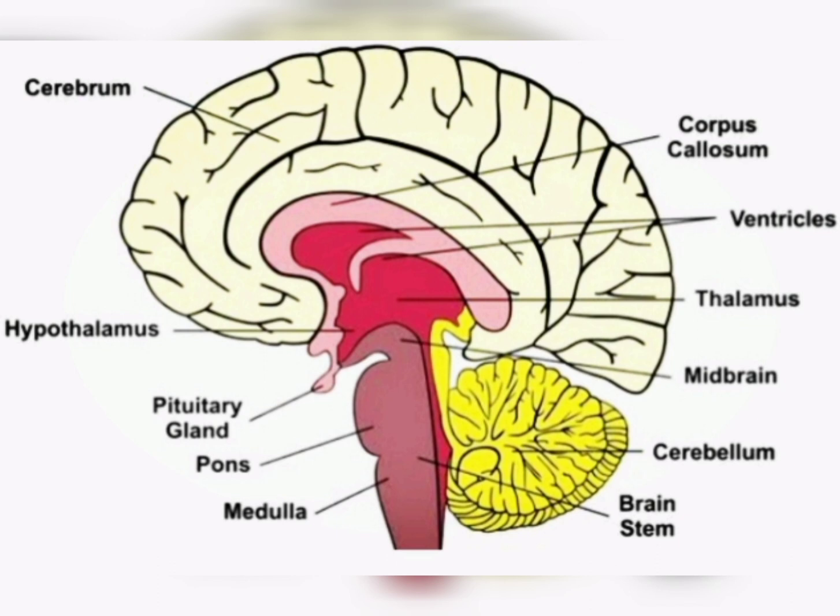The primary function of the CSF is to act as a buffer for the brain, cushioning mechanical shocks and dampening minor jolts. It also provides basic immunological protection to the brain. Furthermore, CSF provides buoyancy for the brain.